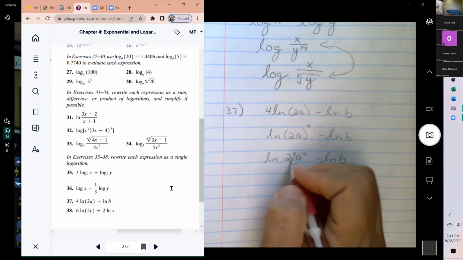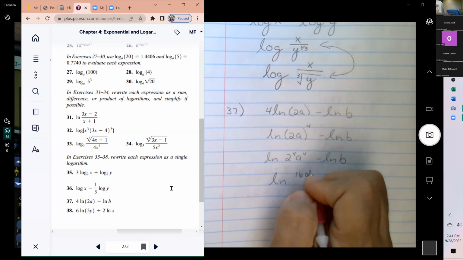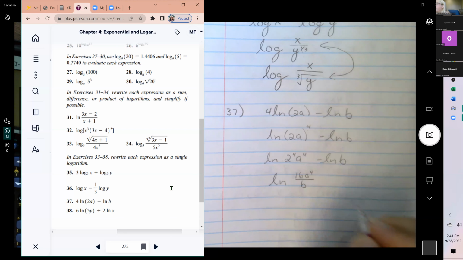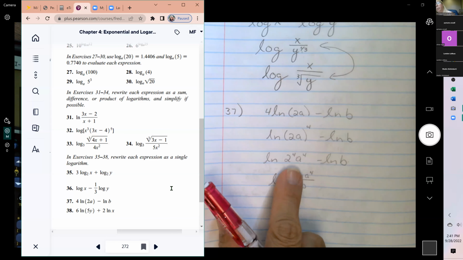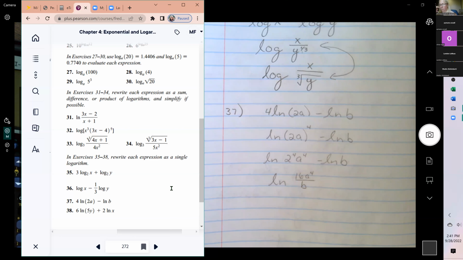So this would be 16. So you have the natural log of 16 a to the fourth divided by the b. I would think that if you ran into something like this, they would want this definitely multiplied out. Any questions on those?